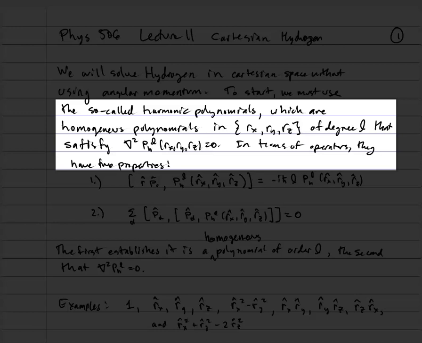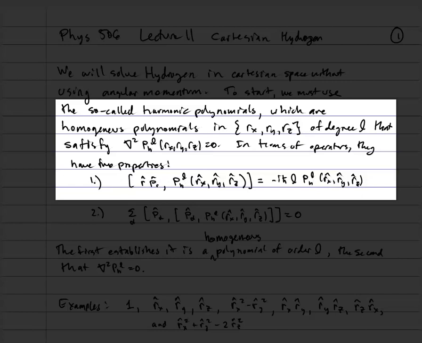What we want to do is re-express those in terms of operators. The way that we do that is, interestingly, if I take the commutator of the polynomial with the radial momentum, it's going to act like differentiating with respect to r, and it's going to remove a power of r from the polynomial. And then if I multiply by r hat, I bring that power of r back.